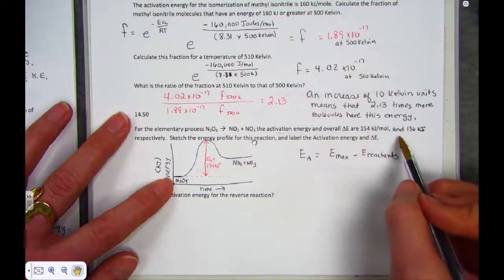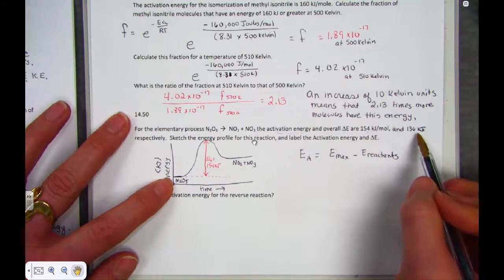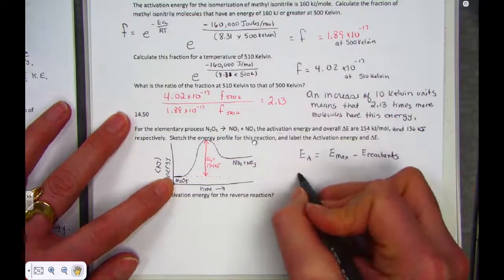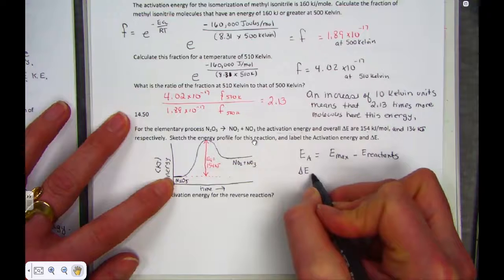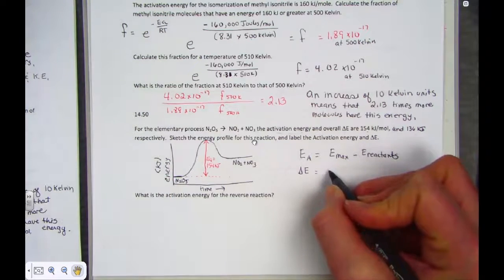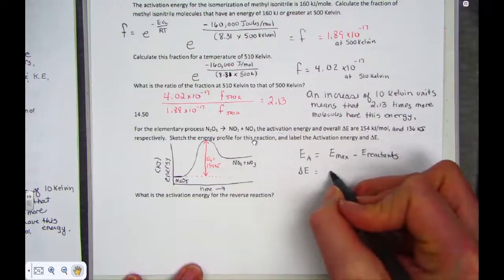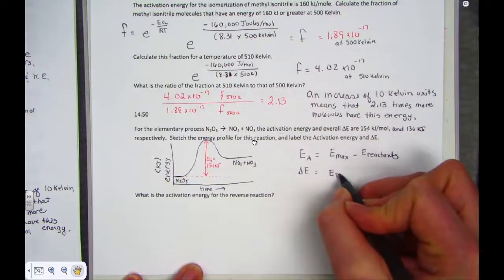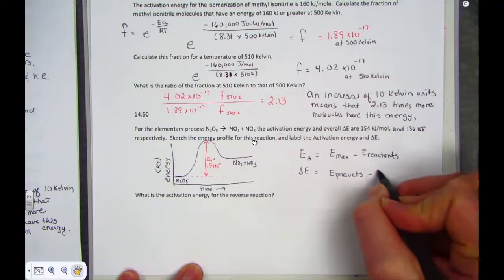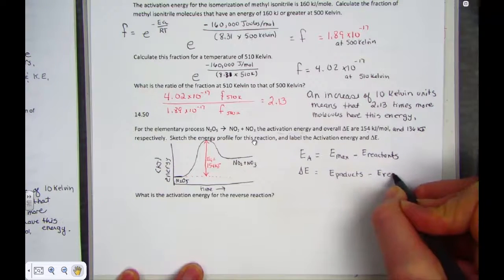The other part we're asked to label is the 136 kilojoules, and that's called the delta E, the change of the energy in the overall equation. Now think about that. Delta E is found by taking the energy where the products reside minus where the energy of the reactants reside.